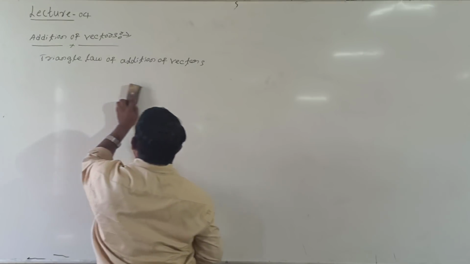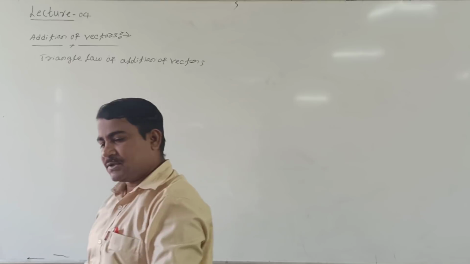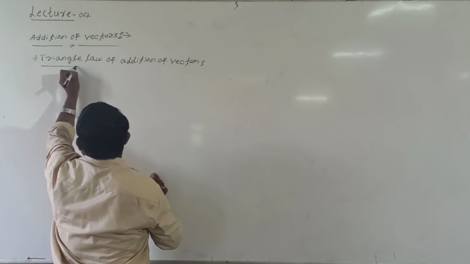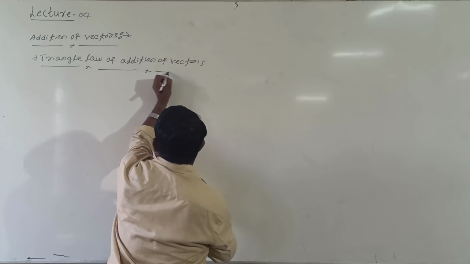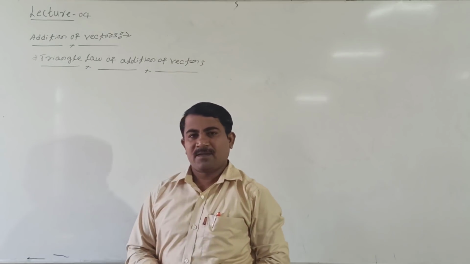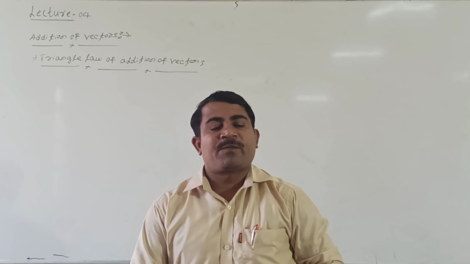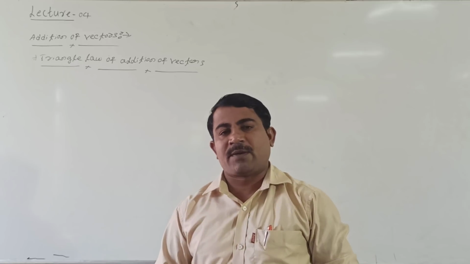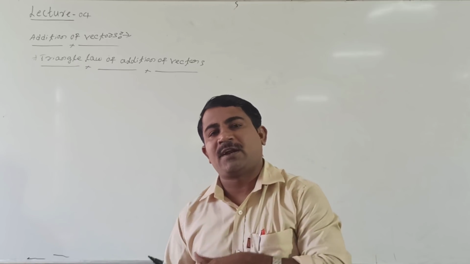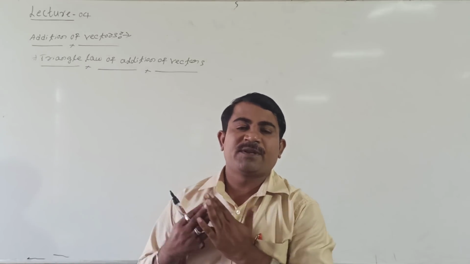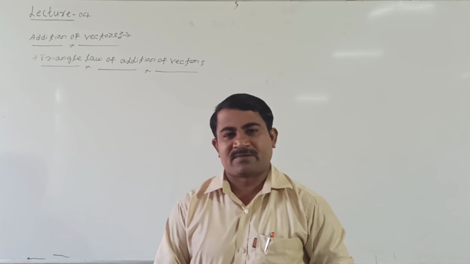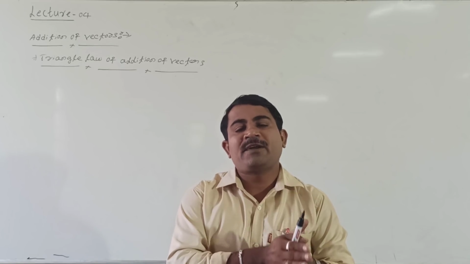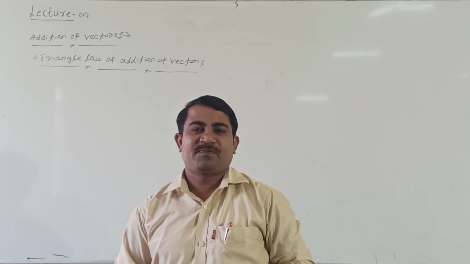The triangle law of addition of vector helps to find the resultant of two vectors. I mean, if two vectors are given, they can be added by a resultant vector that can be represented by the triangle law of addition of vector.